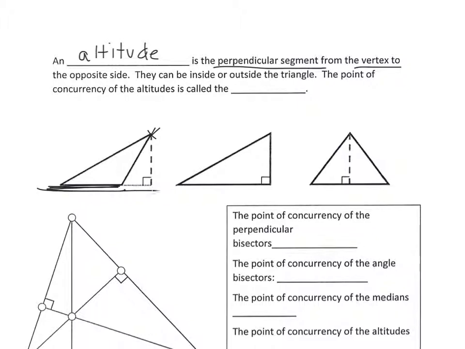If you extend this side all the way across, this would be perpendicular. So this is why the altitude is outside. If I start at this vertex and go straight perpendicular, it's right on the triangle. Starting at this vertex and going straight down, it's inside the triangle. That's why it can be inside, outside, or even on the triangle. The point of concurrency of the altitudes is called the orthocenter.